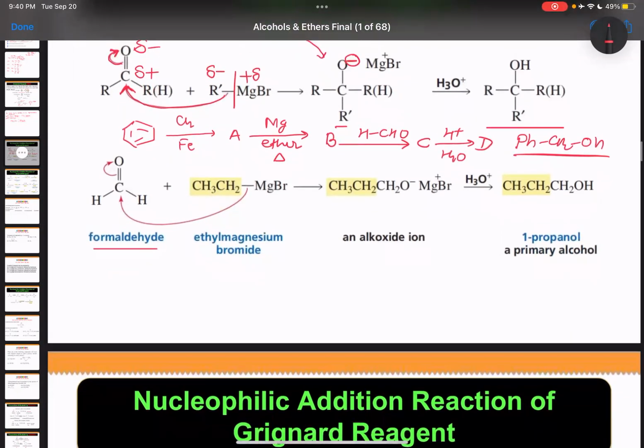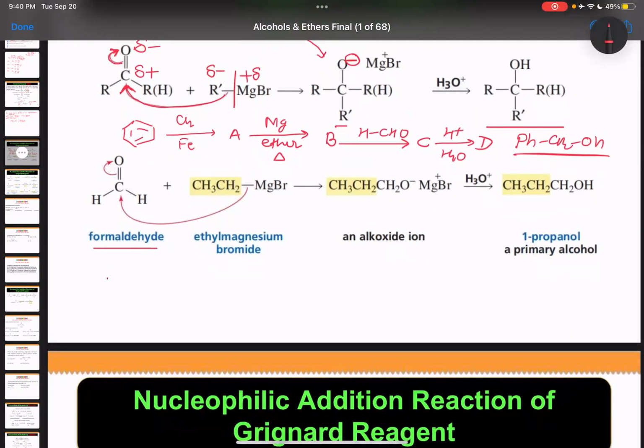So benzyl alcohol. Suppose I ask you, what is this compound?